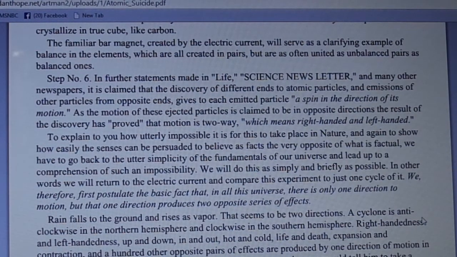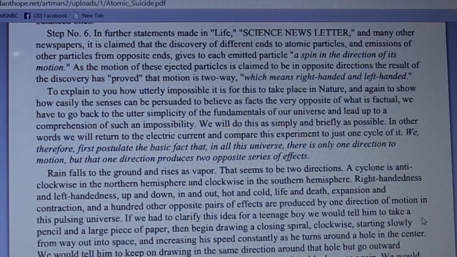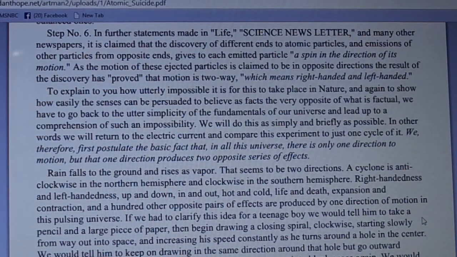We therefore first postulate the basic fact that in all this universe there is only one direction to motion, but that one direction produces two opposite series of effects. Rain falls to the ground and rises as vapor. That seems to be two directions.